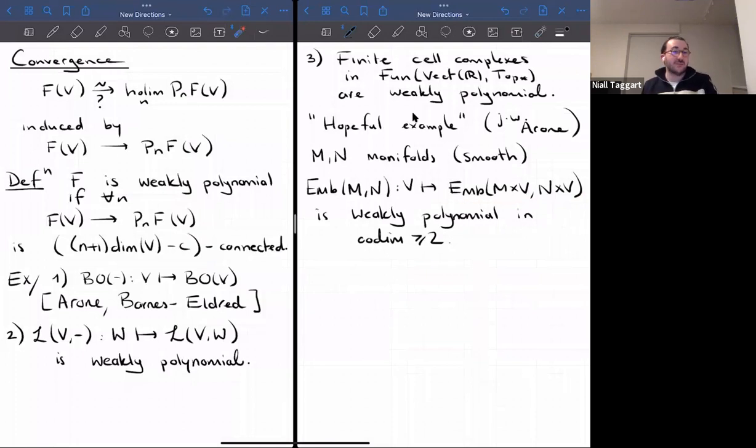But moral of the story is that most functors you want to think about should fit into this framework. So are there any questions at this point? Okay. If not, let's move on and talk about some localizations.